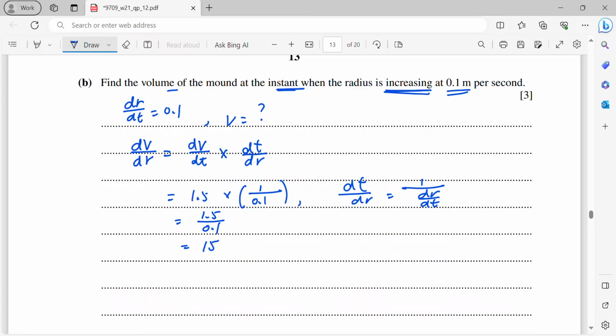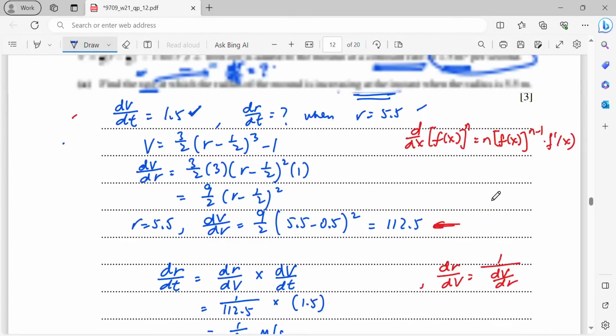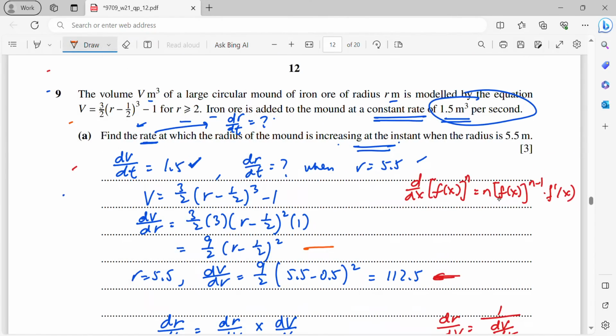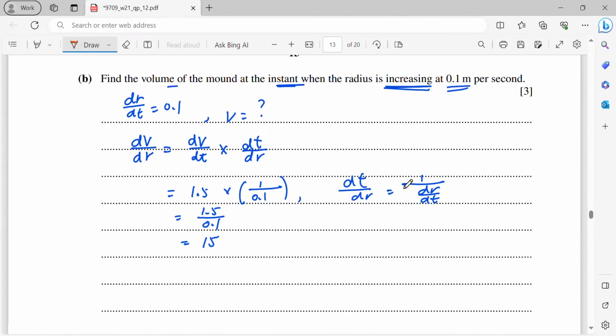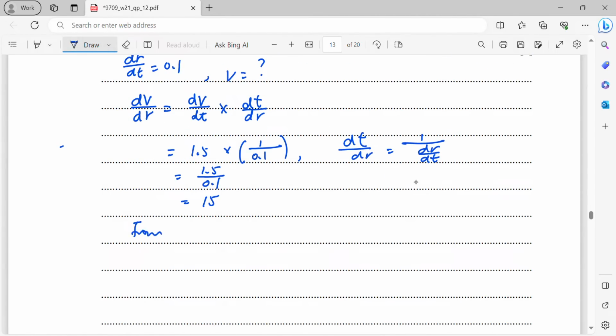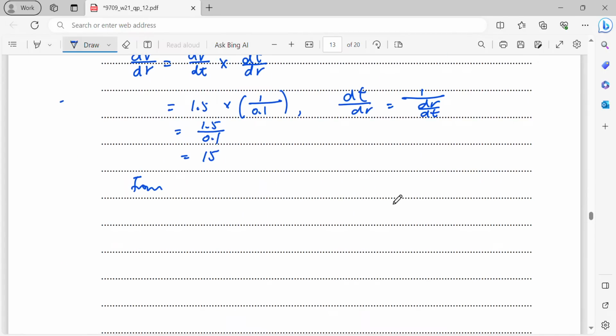Okay, because now we need to find the r. So now dV dr, go back to the previous solution. dV dr is this result. So now I need to use this result to find the r. So from part A, dV over dr is 9 over 2 times r minus half to the power of 2.